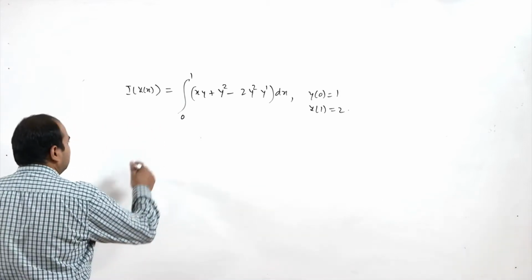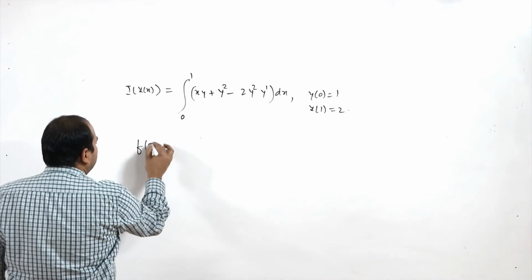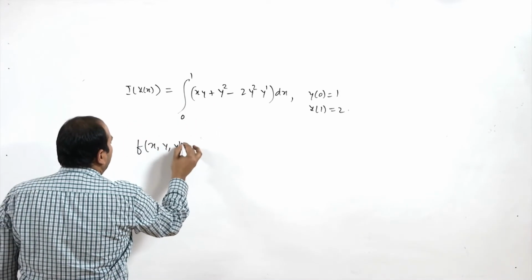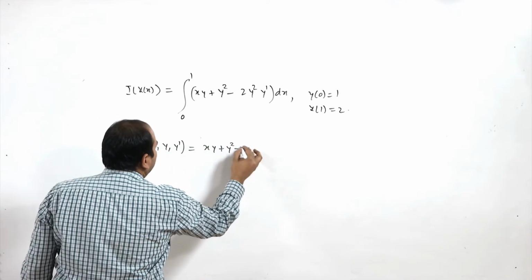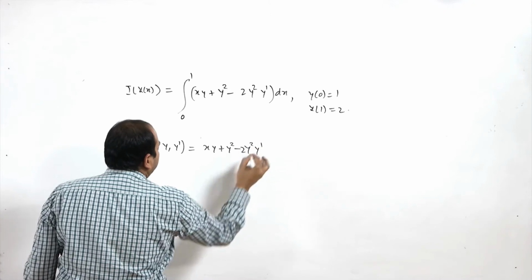Here it is clear that f of x, y and y dash is equal to xy plus y square minus 2y square y dash.